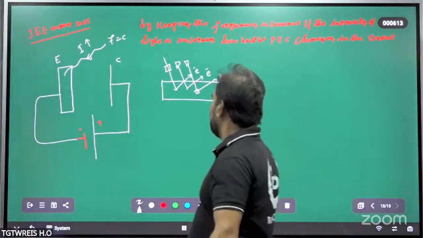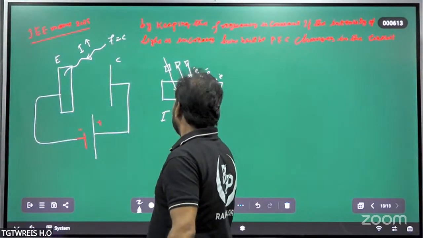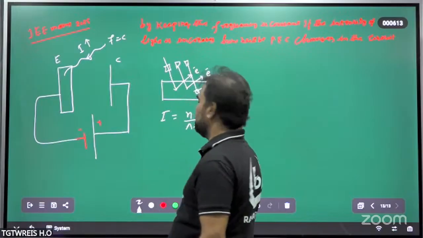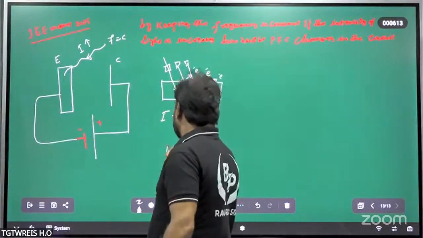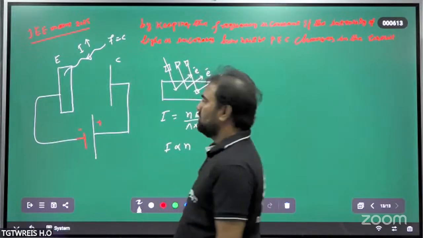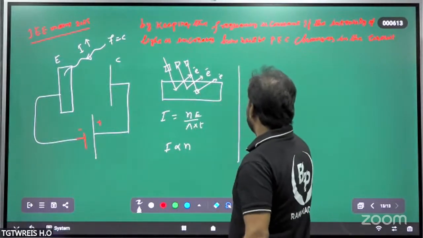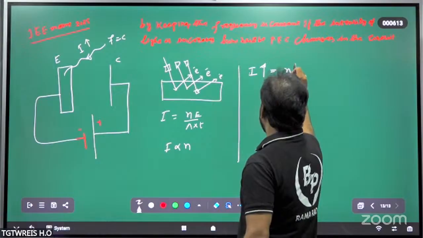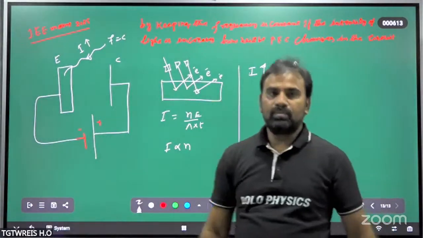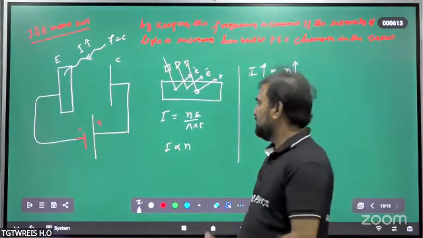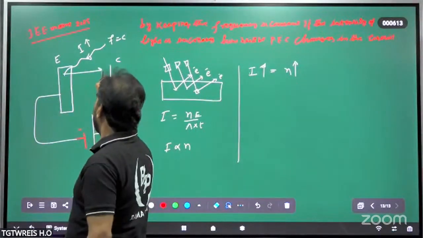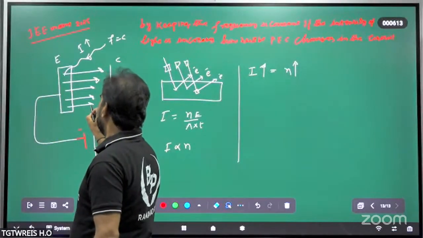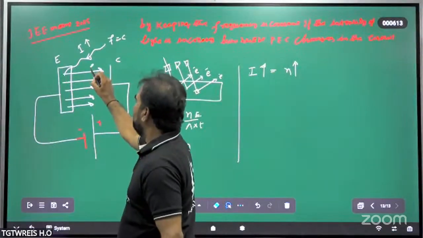Therefore, the intensity of light can be written as I is equal to N E by A into T. Is it correct? When I increases, I is directly proportional to N. When I increases, the number of photons incident on the metal plate also increases, so the emission of electrons from the emitter also increases.